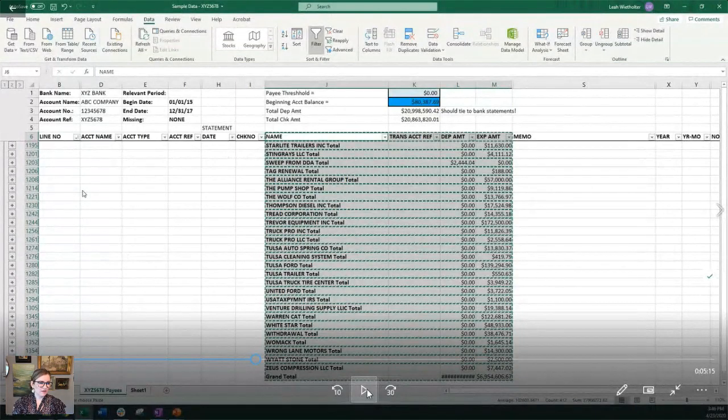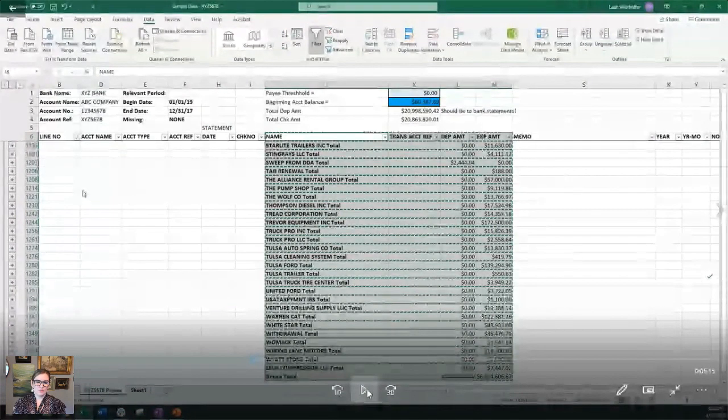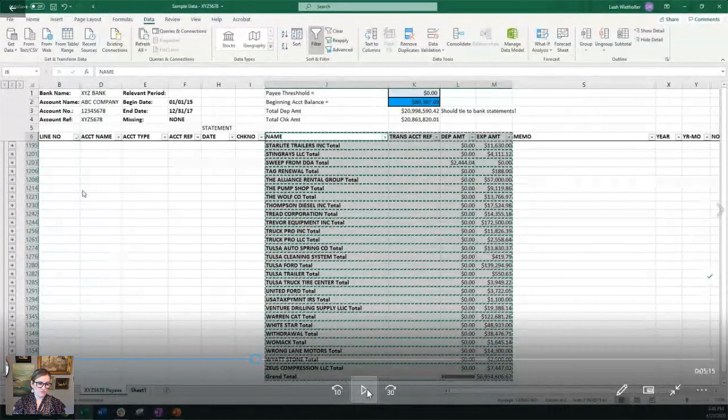What I'm doing here in the video is I selected all of this information, and if I were to just hit Control-C and then Control-V to paste it to a new sheet, it would copy everything. And what we want are just the summarized totals.